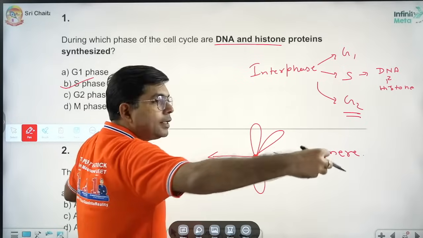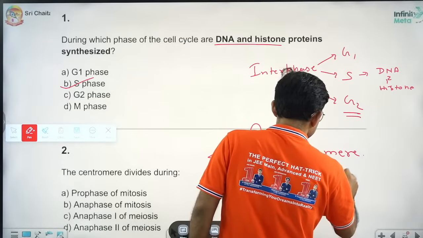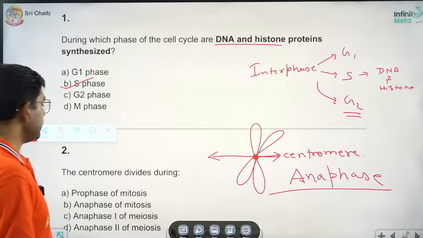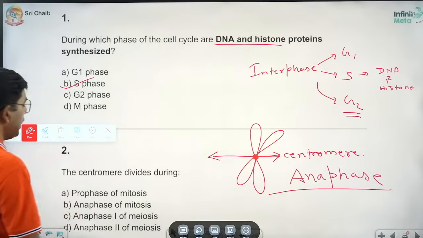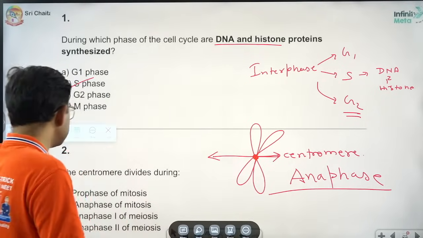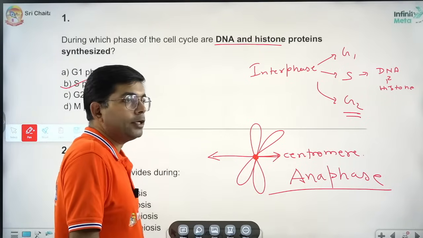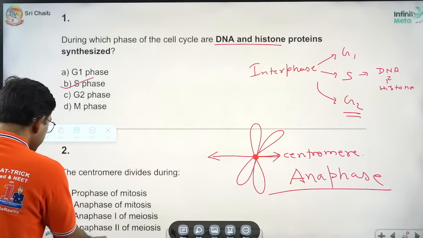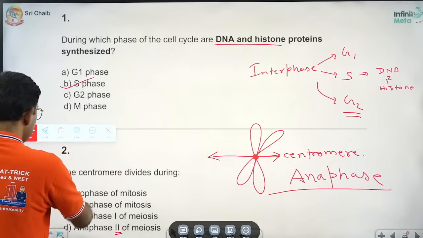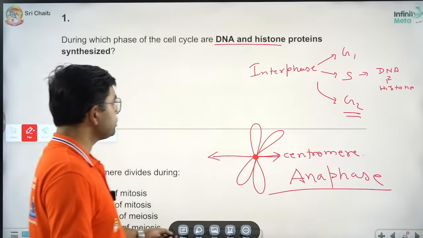So they split during anaphase. The centromere splits during anaphase. It is split during anaphase of mitosis, and it also splits during anaphase 2 of meiosis. So here you can go with B and you can go with D also.